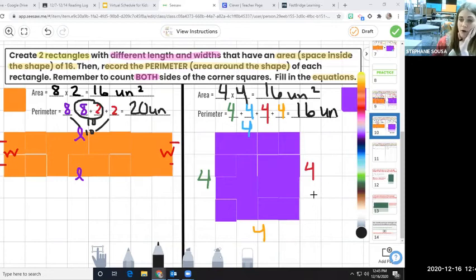Now, the perimeter also happens to be the same as the area because 4 on the left, you can see they're both green, plus the 4 on the top are both blue, plus the 4 on the right, which are both red, and the 4 on the bottom, which are both yellow, gives us a total length, if we were to walk all the way around this or put a fence all the way around this, of 16 units. Okay? This should have been the other answer that your group came up with.